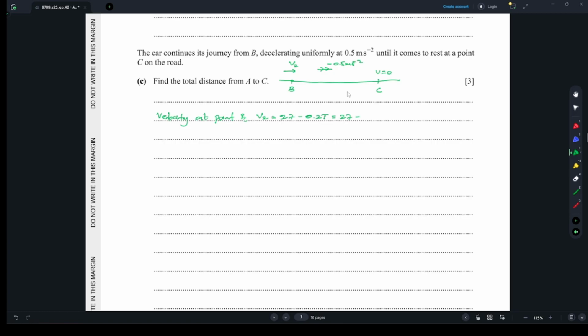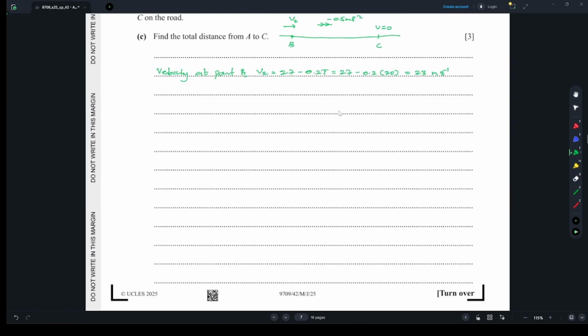So 27 minus 0.2, sorry, t is 20, right? It is 20. So it's 4, so then 23 meters per second.